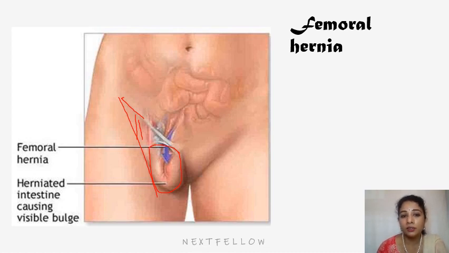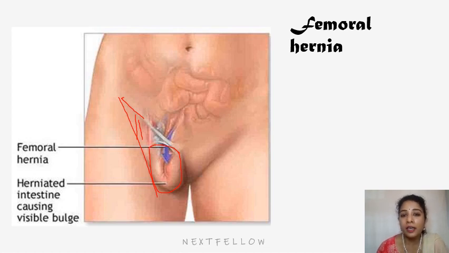When a loop of the intestine bulges through this ring, it pushes the hernial sac of peritoneum, which is covered by the extraperitoneal tissue, that is the femoral septum, and it descends within the femoral canal till the saphenous opening. It is prevented from descending further by the configuration of the femoral sheath and by the attachment of fascia to the inferior rim of the saphenous opening.